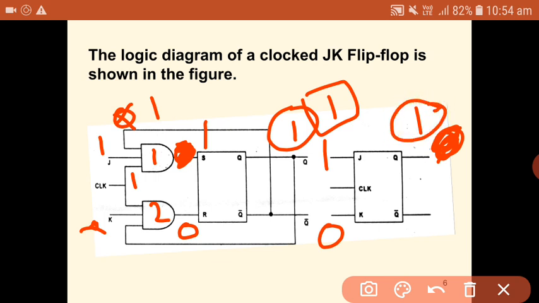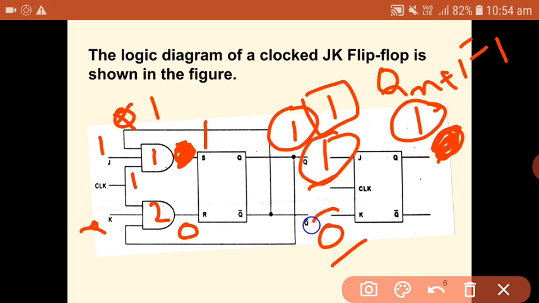So irrespective of the previous outputs, that is Q, for J is equal to 1 and K is equal to 0, you will always be getting the output as 1. That means Qn+1 is equal to 1 for the J is equal to 1 and K is equal to 0 combination. So for J is equal to 1 and K is equal to 0, the present output will be always equal to 1 irrespective of its previous output, Qn.